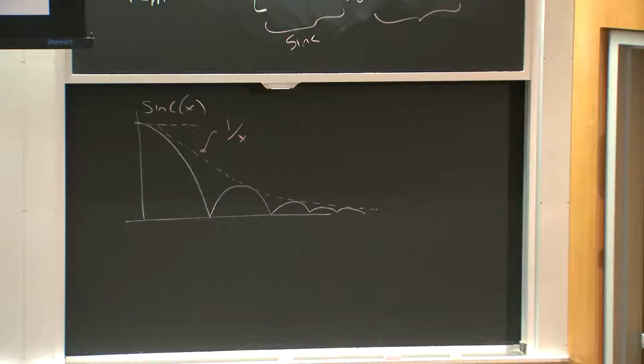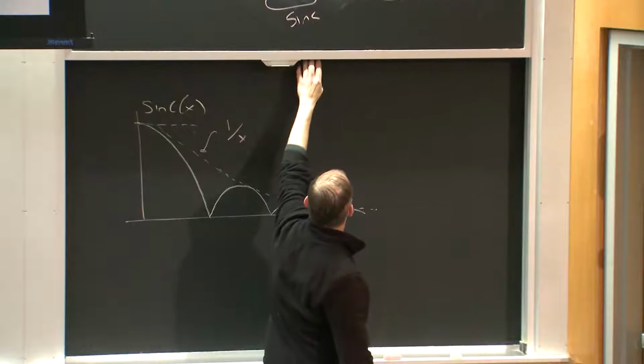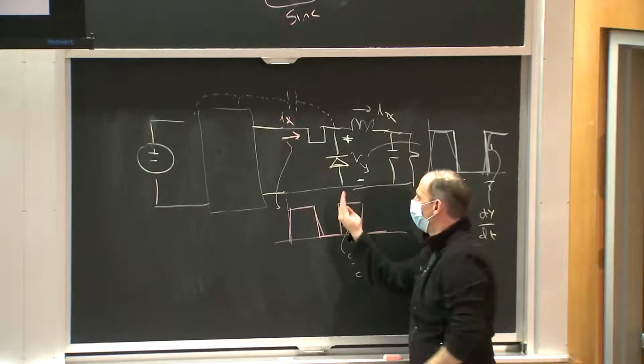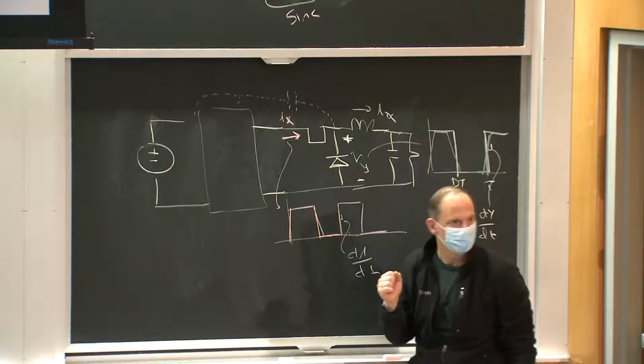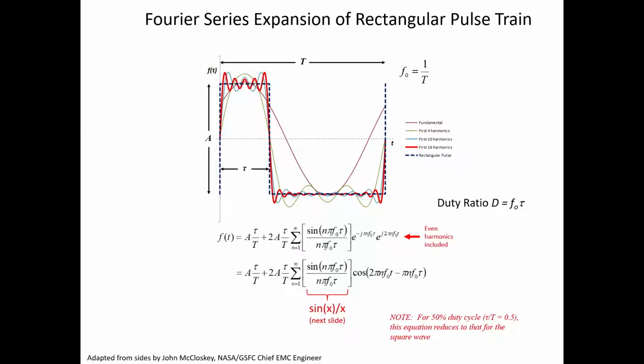Well, let's just start by saying, suppose I have a perfect square wave. Suppose I have a design where these walls are so steep, it's more or less instantaneous, right? What would the frequency distribution of that look like? And what would the waveform look like? Well, here we go. And I should say that I'm taking these very nice slides from a presentation done by John McCloskey, who's the chief electromagnetic compatibility engineer for NASA.